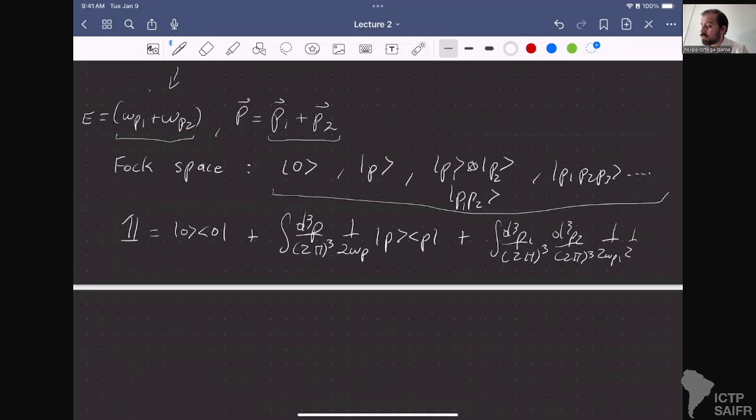P1, P2, and then the external product P1, P2, P1, P2, and so on. That's going to be our identity operator.